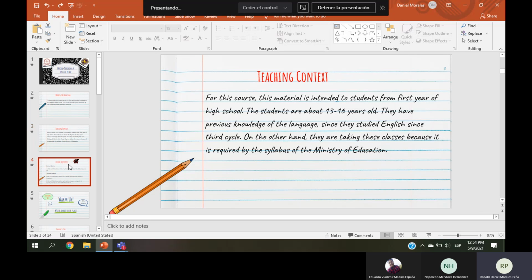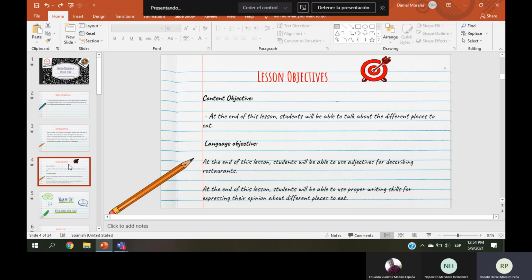Next, we have the lesson objectives, and here my teammate Napoleon is going to read each objective. Lesson objective, content objective. At the end of this lesson, a student will be able to talk about the different places to eat.